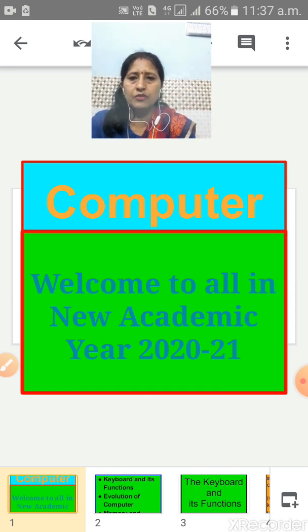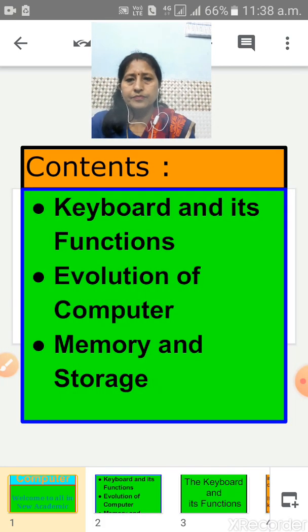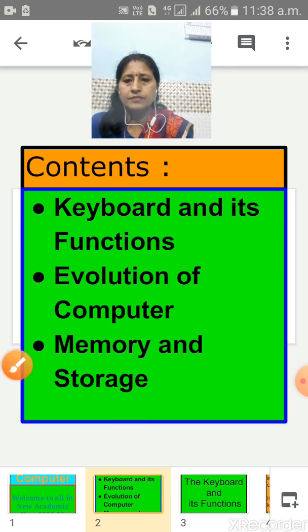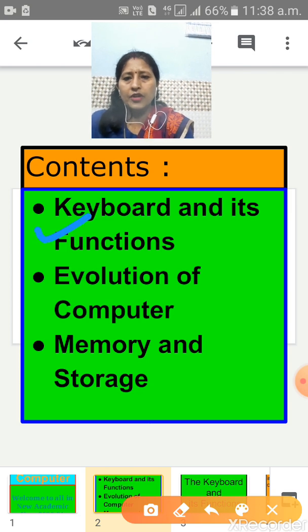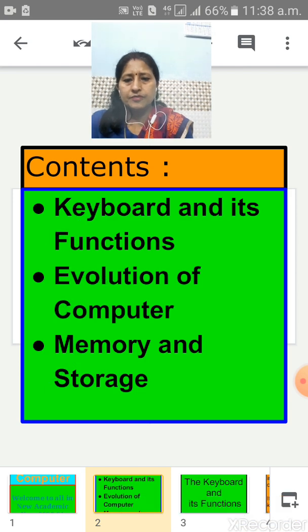Today we are going to discuss the following topics. The contents are: the keyboard and its functions, next is evolution of computer, last is memory and storage.